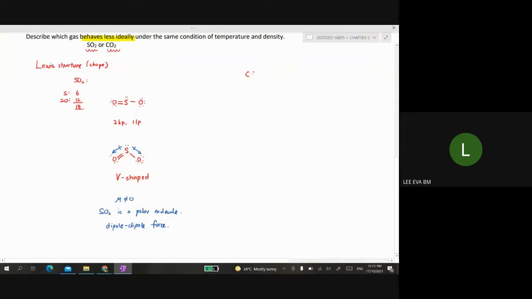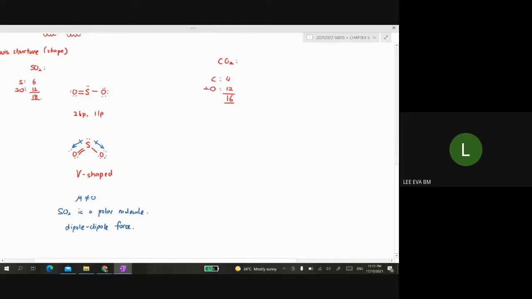So let's just do CO2. Carbon, what is the valence electron? 4. And then oxygen, still the same. We have 12. In this case, we have 16 valence electrons. Okay, so in terms of the structure, carbon is in the middle because carbon is less electronegative.